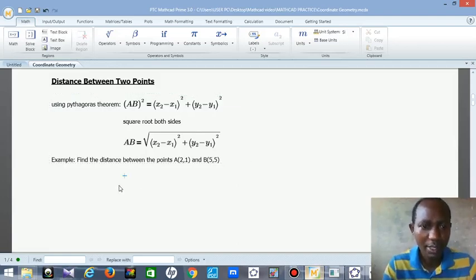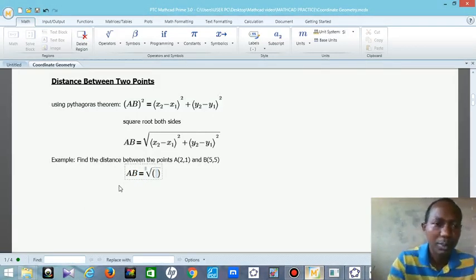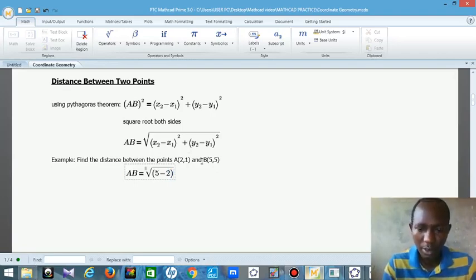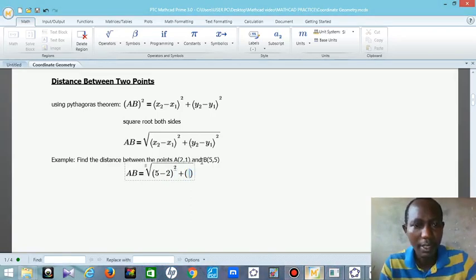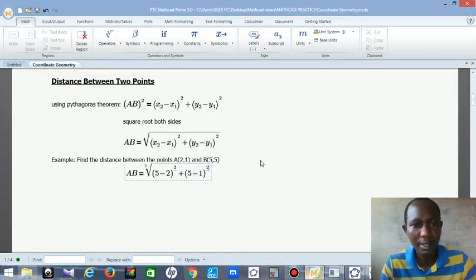So if I have my distance AB, all I need to do is AB will be equal to the square root, open your bracket. 5 is x2, so 5 minus 2, you square your result, plus, open bracket, you have 5 again, which is y2, 5 minus 1, and make sure you square it.